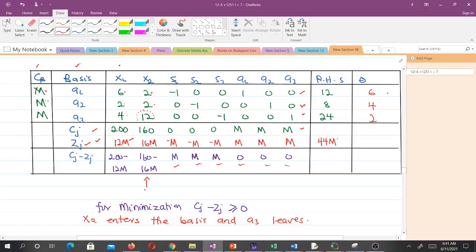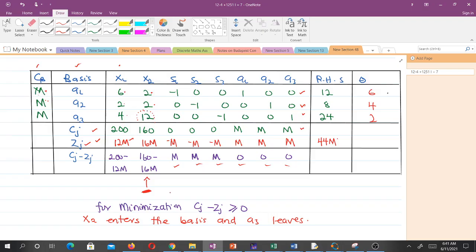So that means that we are going to take that one to go into the solution, right? So that means that here our S2 is going to go into the solution, alright? So the more negative one will go into the solution, and based on that, we are going to construct what we call the minimum ratio test to know which of them will be leaving the solution.